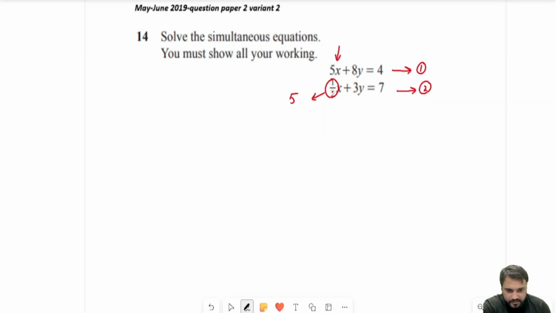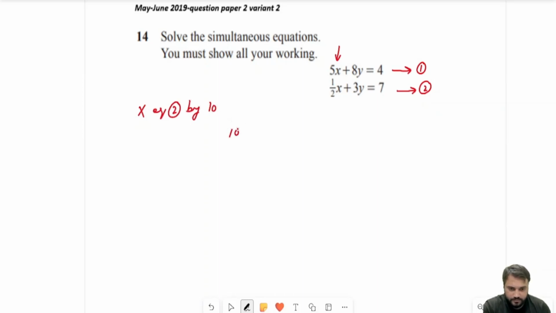The answer is, if I multiply this whole equation by 10, then I will get 5. Do you see it? When we multiply 10 by 1 over 2, we can cancel them, and we will get 5. So we will get 5 by multiplying equation 2 by 10. Therefore, multiply equation 2 by 10.